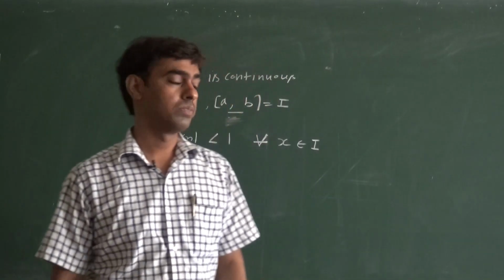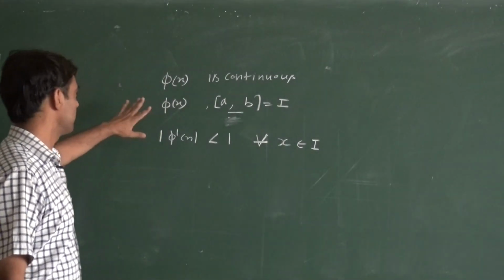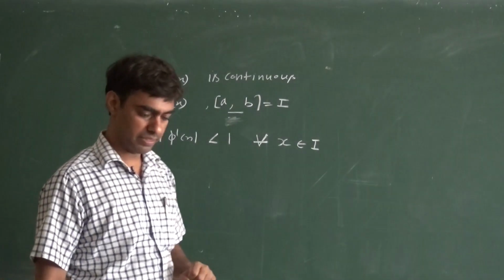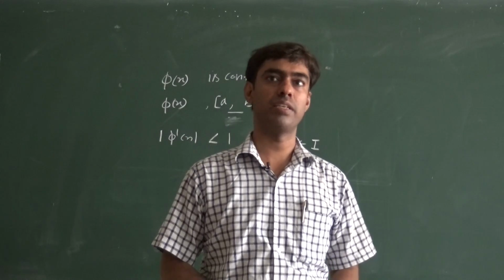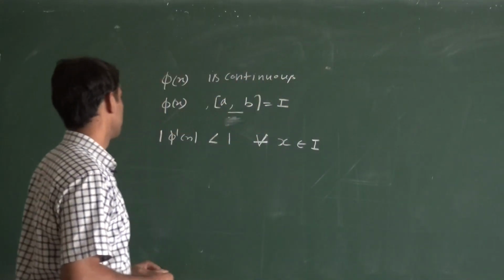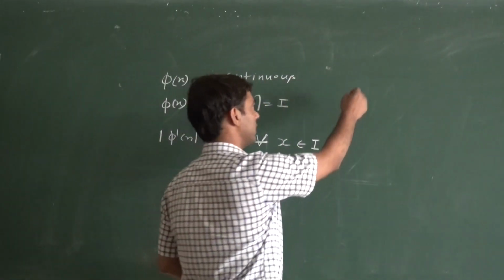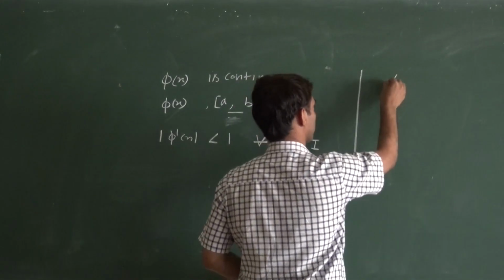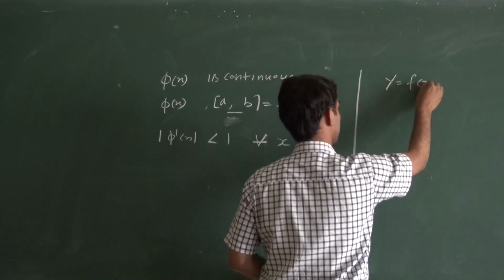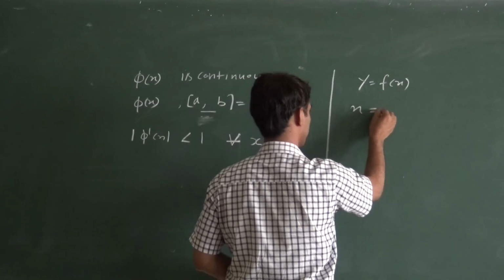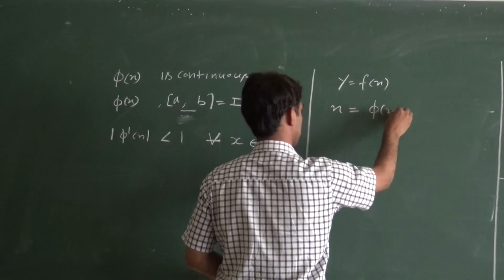First of all, in our iteration methods, how do we choose the initial value? First we write y equal f(x) in the form x equal phi x.